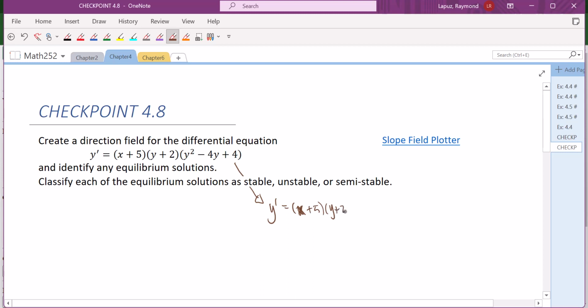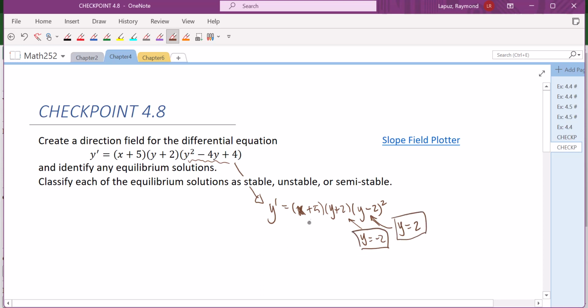So y plus 2 equals 0, and I'm going to rewrite this because it looks like it could be factored to be y minus 2 quantity squared. So out of these two factors over here, we have y equals -2 would be a candidate for an equilibrium point. y is equal to +2 would be a candidate for equilibrium points.